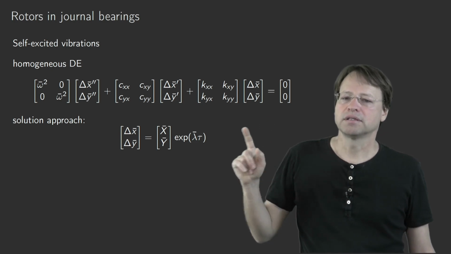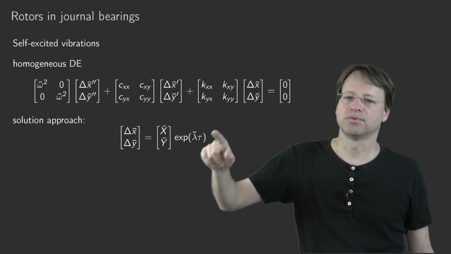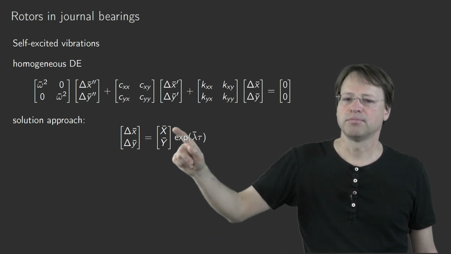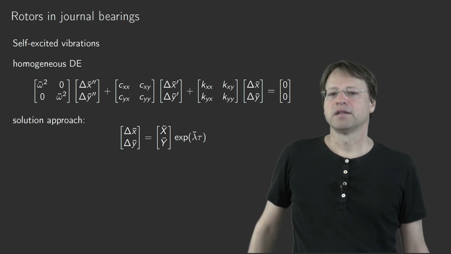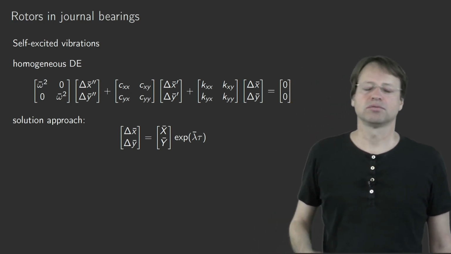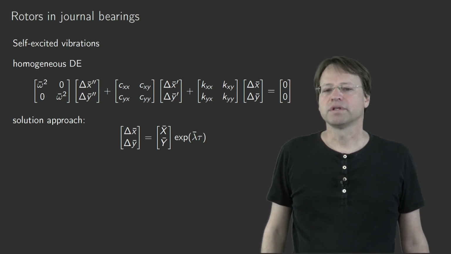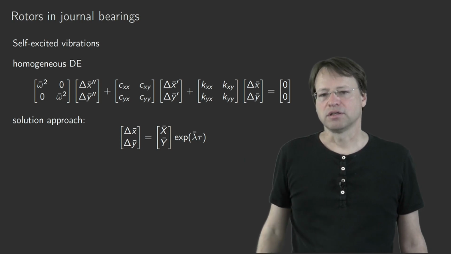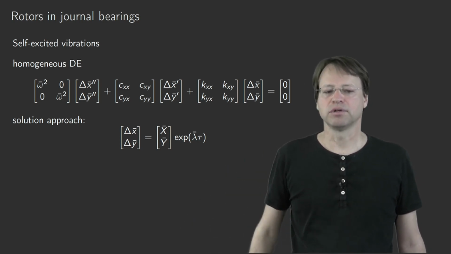You know that this leads to an eigenvalue problem, so you insert the solution approach into the ordinary differential equation, and then you get an algebraic system for the amplitudes x bar and y bar, and according to the reasoning that you need non-trivial solutions to have any vibrations, you will then get the equation that the determinant of the coefficient matrix should vanish, and this is the characteristic polynomial.